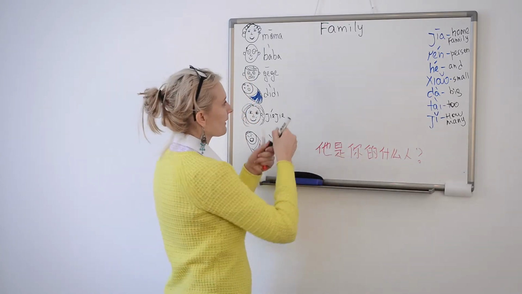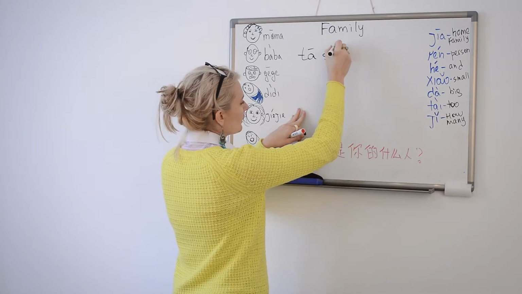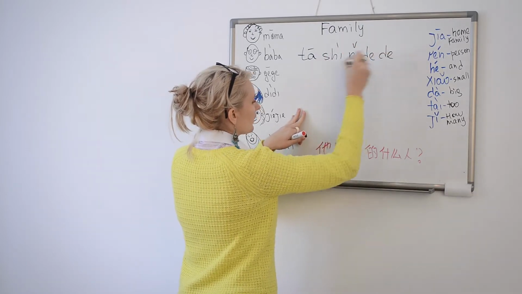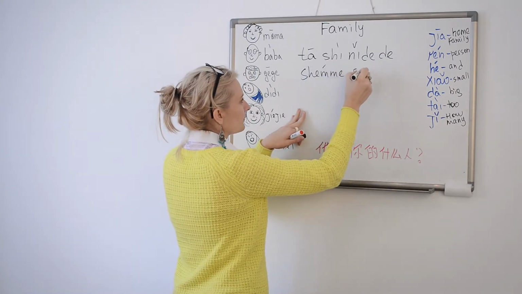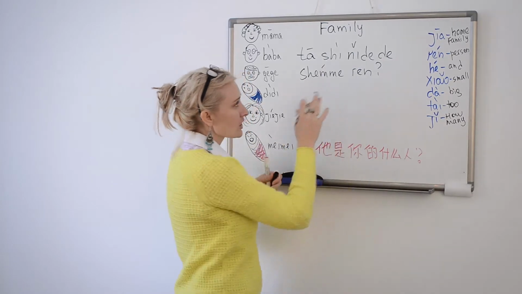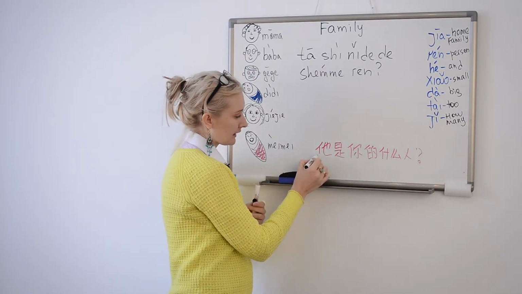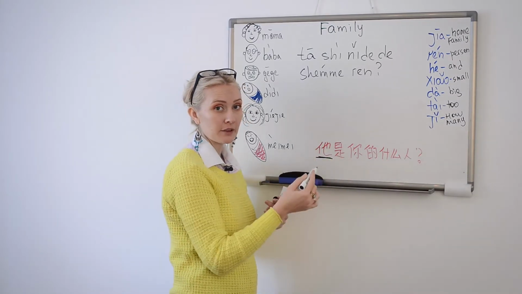So let's translate that. 他是你的什么人? 他是你的什么人? Who is he to you? And of course in here I use 他 as a male he, right?